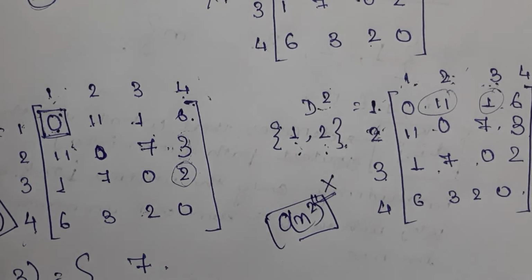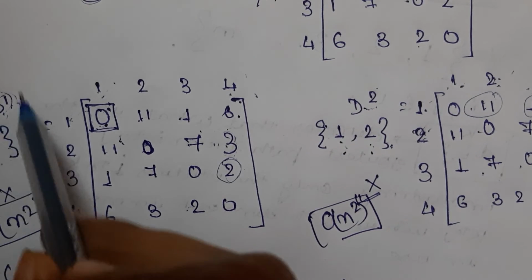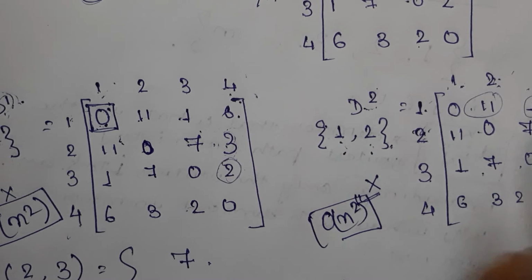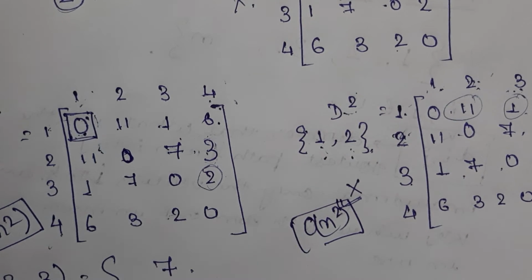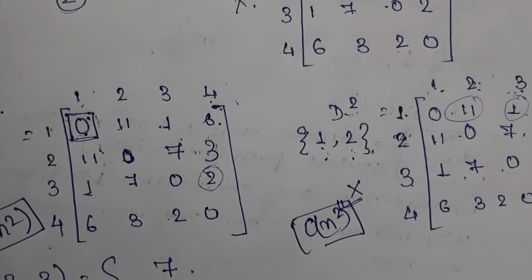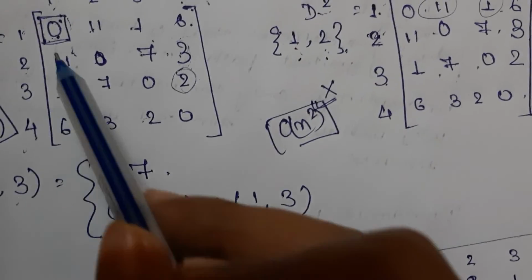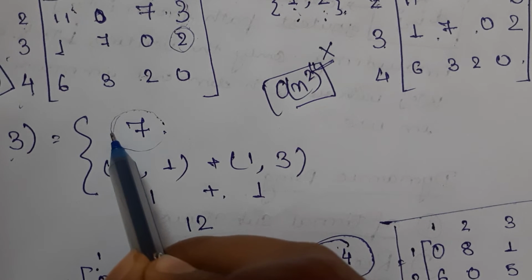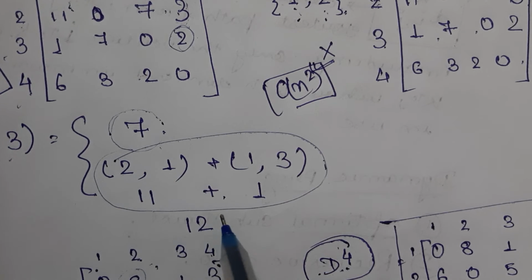For solving d2, we need two matrices: this matrix and the previous matrix where we have taken the first element into consideration. For solving each d of ij, we need to solve two things. Let us take the example 2 3. For solving 2 3, we have to note the previous result, and also we need to calculate this result. Then we have to take the minimum.